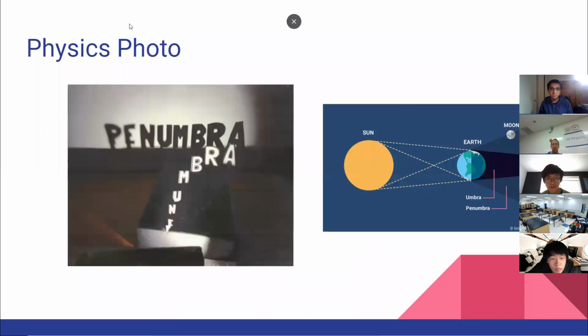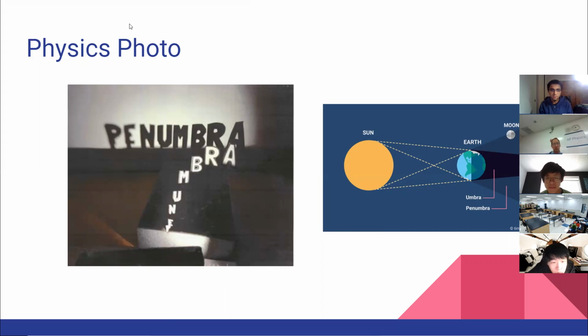So this is our photo for today. Since we're talking about light, we will introduce the penumbra. This is a phenomenon related to shadows of objects. When we are talking about real objects, they are not just one point source of light. They're like a collection of light sources.